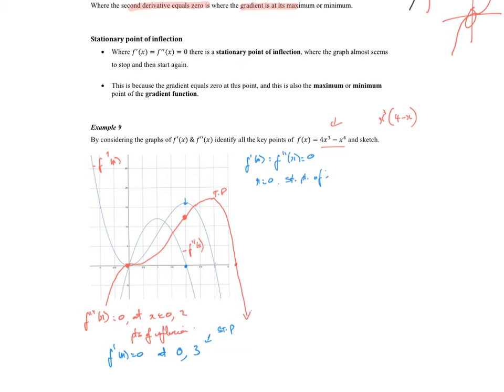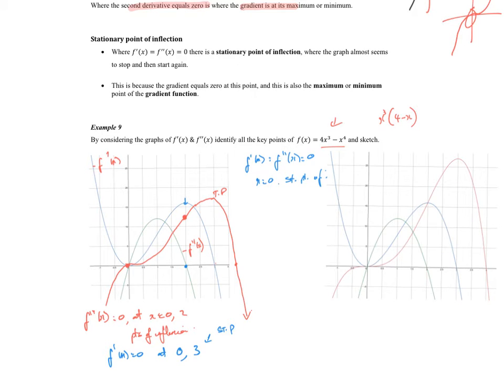And in fact, if I add the actual graph, you can see that that's pretty much what we get, isn't it? So the y value is obviously a bit harder to ascertain without doing calculations, but the key points: turning point at 3, point of inflection at 2, where it matches off with the second derivative, and a stationary point of inflection where each of the functions, f dash of x and f double dash of x, is equal to 0.